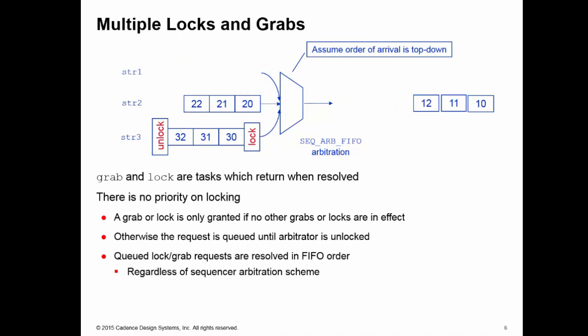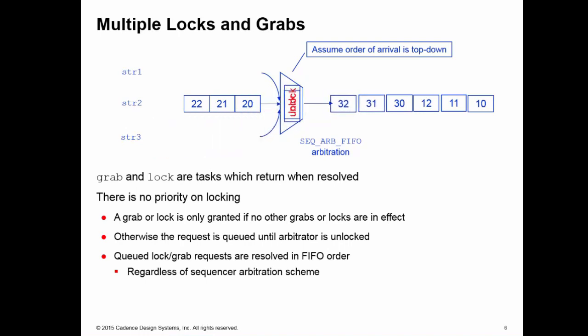Then normally, according to the arbitration FIFO scheme here, we would go to stream 2 and execute the 20 because that arrived next. But because we have a lock pending, we immediately execute the lock of stream 3. So this goes next straight away. It means that we then execute all the items of stream 3 until stream 3 is unlocked, and only when stream 3 is unlocked can we process the items of 20.